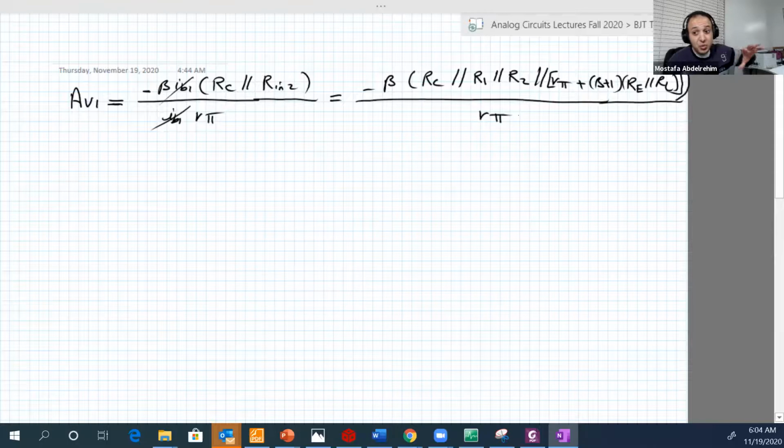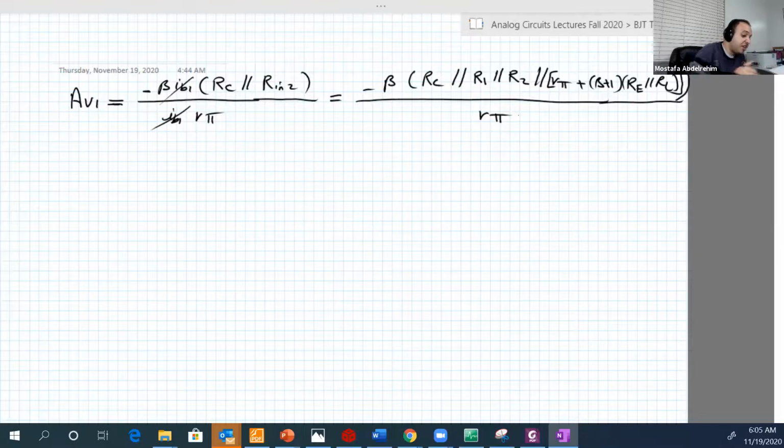That's why if you do it with the same circuit without compensating the second stage with its input resistance, it will be very complicated. But with this trick, we solve it easily. So this is AV1.